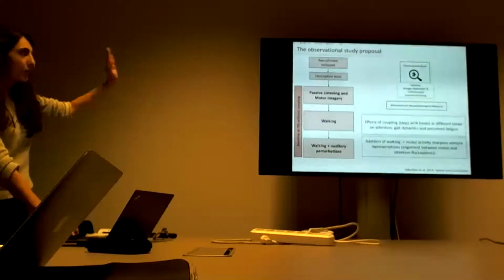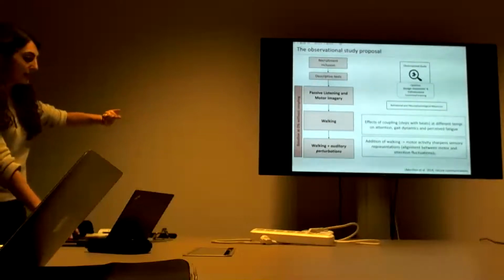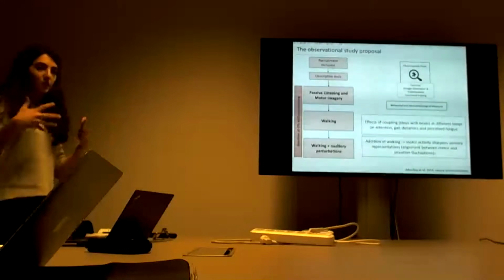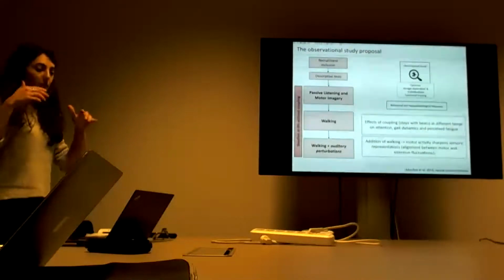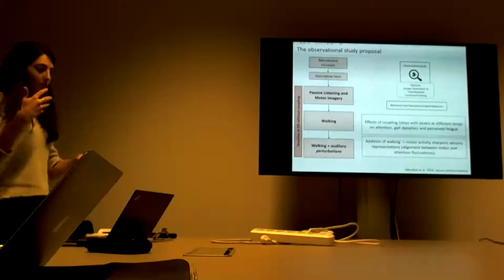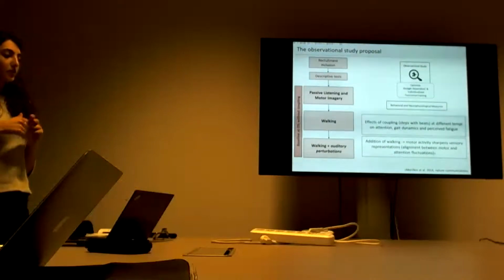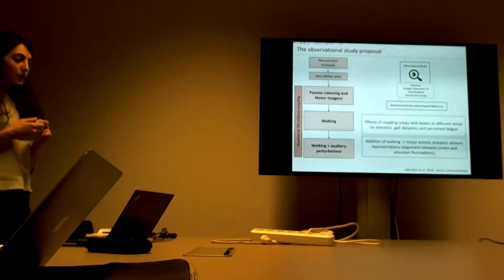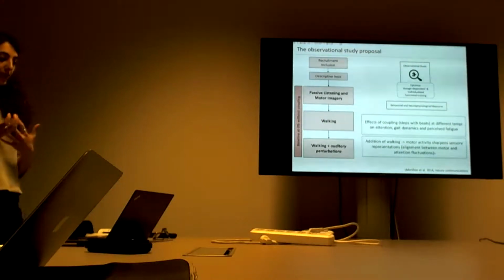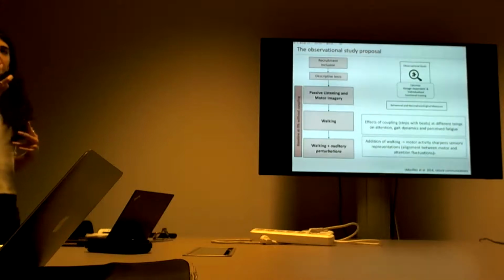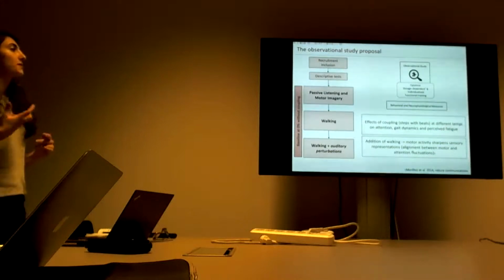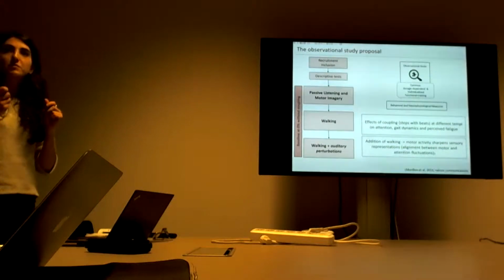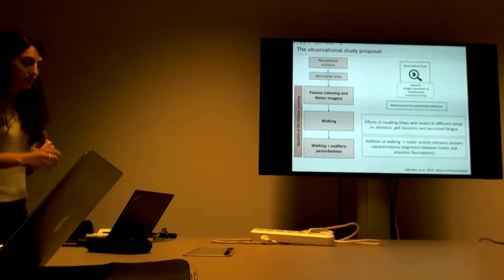I will go through them one by one right now, but the idea is that we want to check the effects of coupling when stepping with the beat, walking at different tempi, except for the first part. Now we add attention, gait dynamics, and perceived fatigue. And we also want to investigate if the addition of walking, the motor activity, actually sharpens the sensory representations, which is quite a nice concept that has been introduced recently.